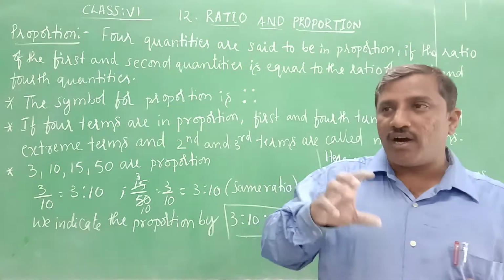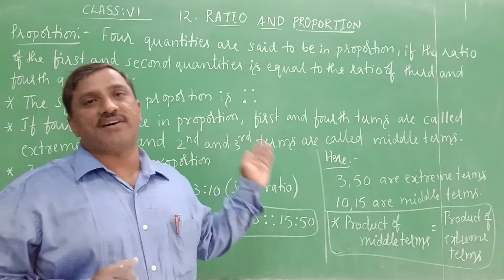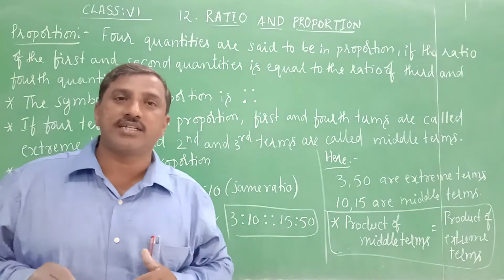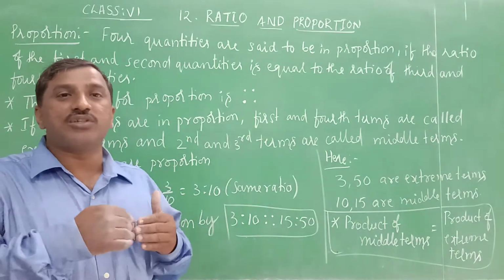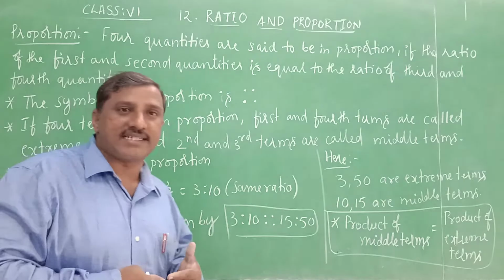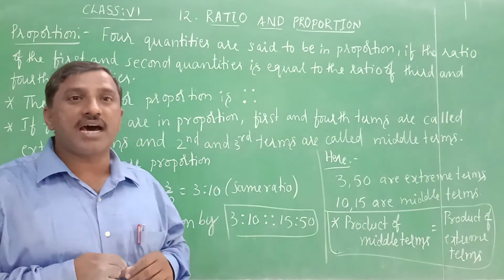So to say four quantities are in proportion, find the ratio of the first and the second term and find the ratio of the third and fourth term. If both the ratios are equal, both the ratios are the same, then we can say that the four quantities are in proportion.